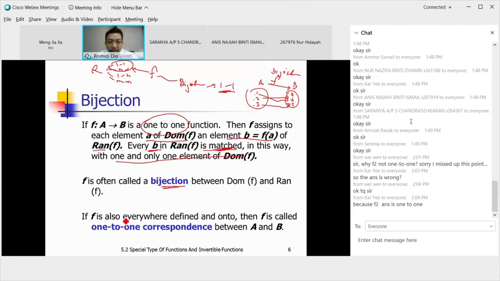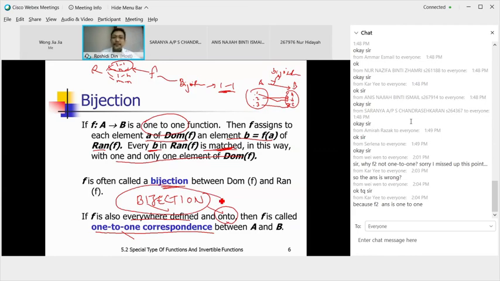In other words, it is also everywhere defined, also one-to-one, and we call it a one-to-one correspondence. Once it fulfills all of these, then we call it a bijection.